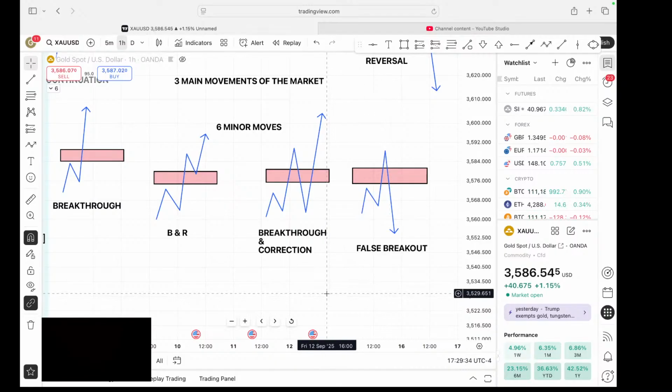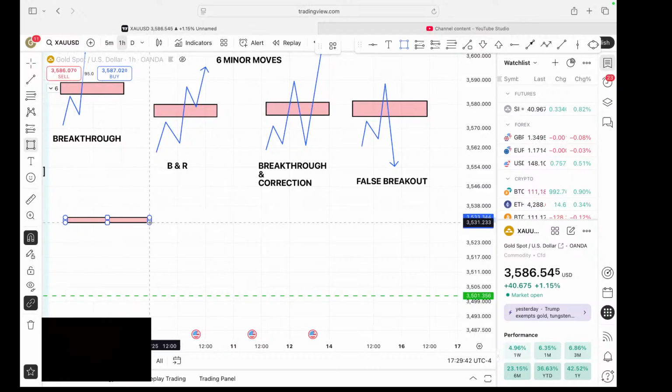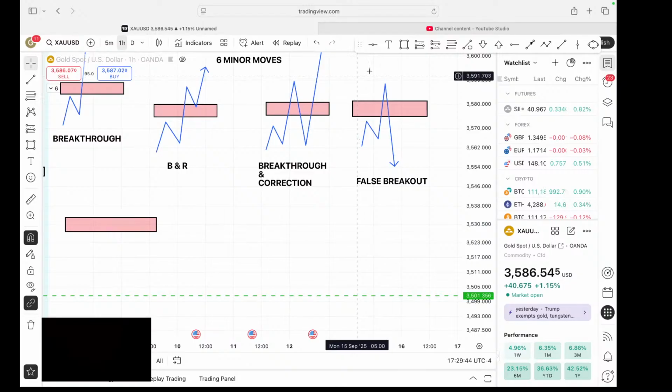And last but not least, we have what's called a liquidity grab. So let's say price is going down.